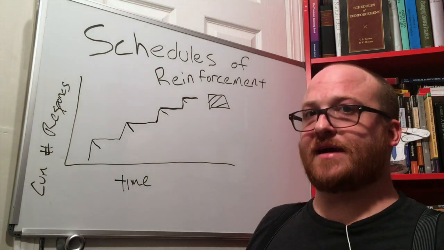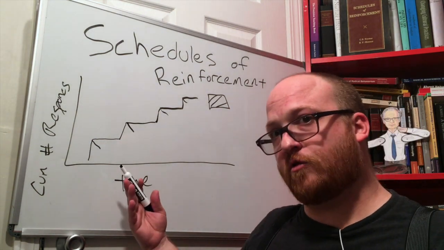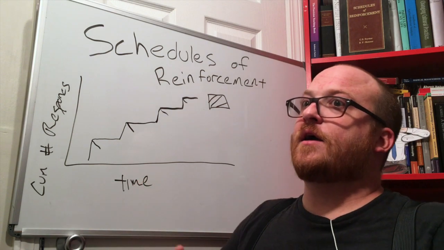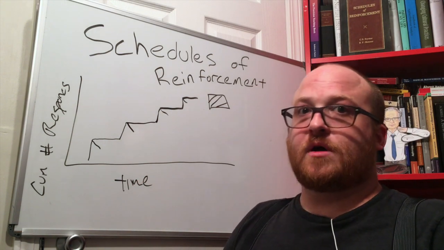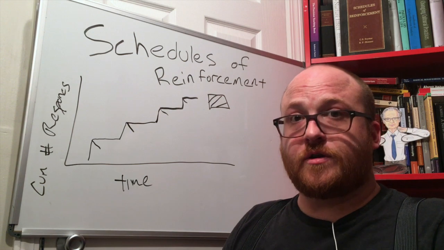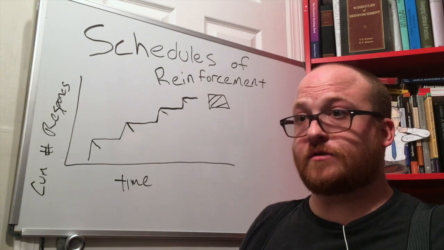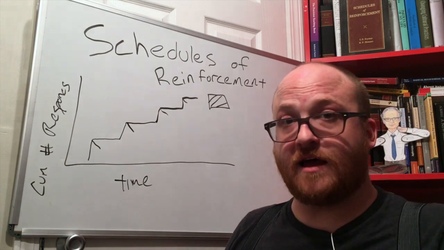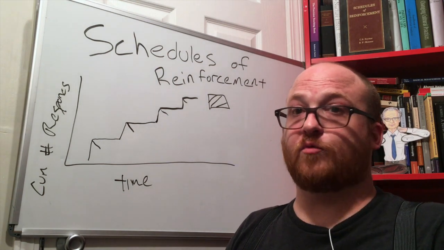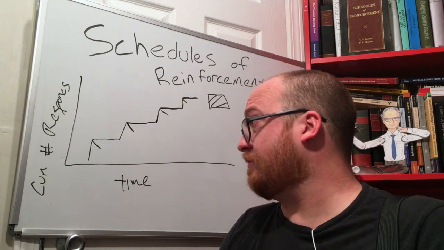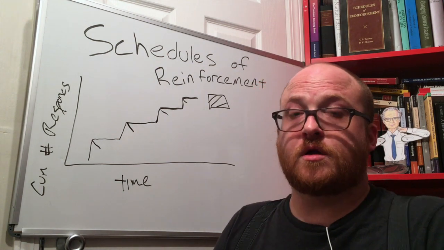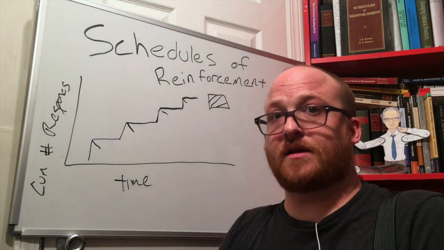After some time passes, i.e. our post-reinforcement pause, the organism whose behaviors are being measured has had more time to be deprived of whatever said reinforcer is. Boom, higher rates of responding.